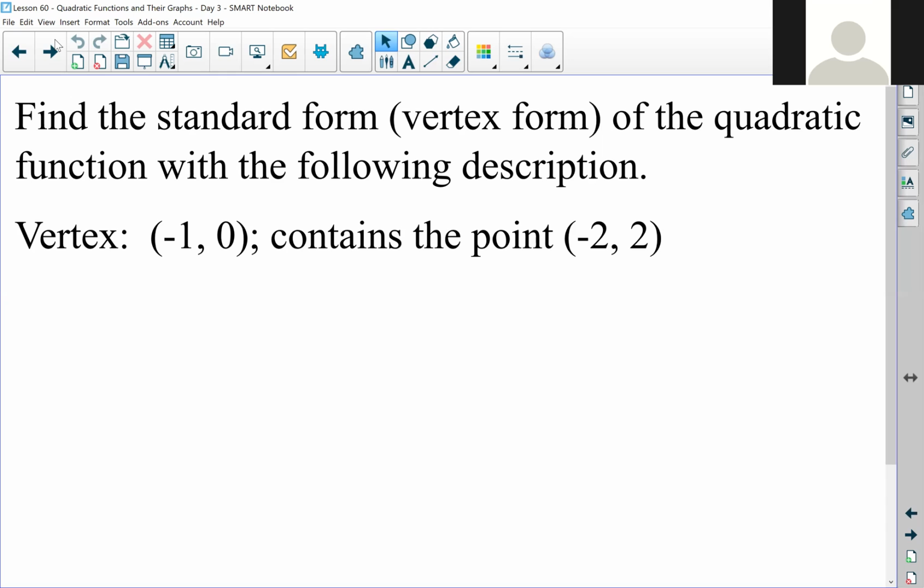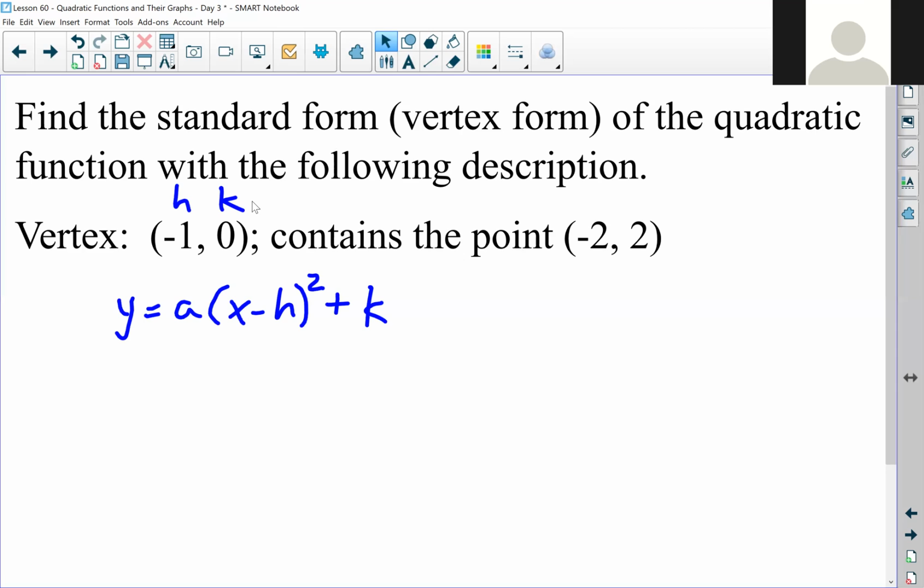So today our answers, we're going to write them in vertex form, just because that's going to be easiest, given the vertex and a second point. Just as a reminder, vertex form, y equals a times (x minus h) squared plus k, where this is h and this is k.